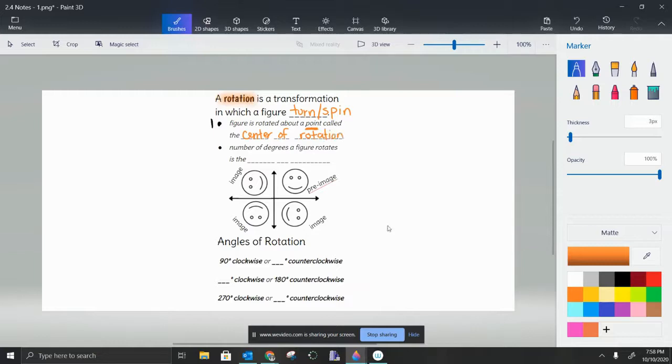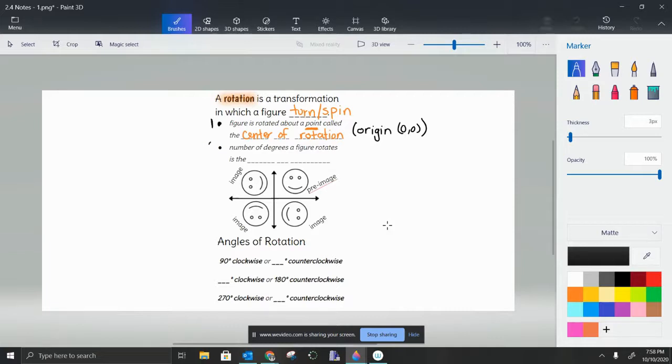Now, for our purposes, the center of rotation in this lesson and what we do together is always going to be the origin, or in other words, 0, 0. More advanced problems with rotations will use different centers of rotation, but for what we do in this lesson, that's what it's always going to be, okay?